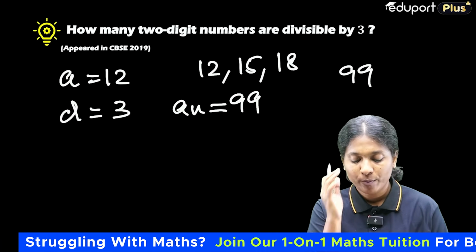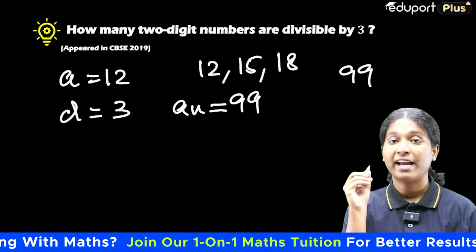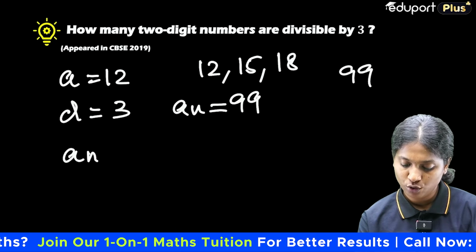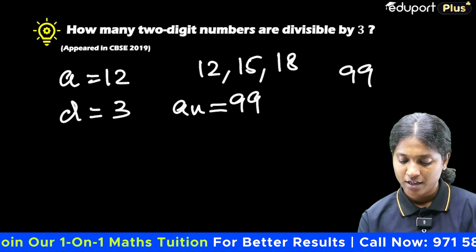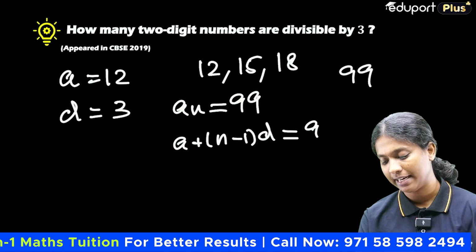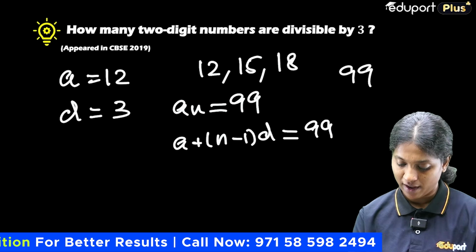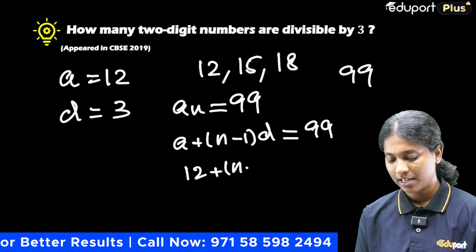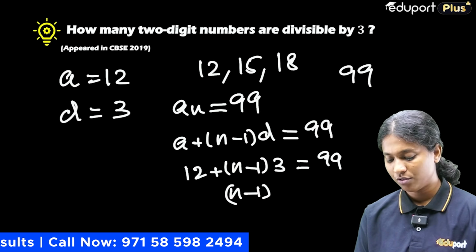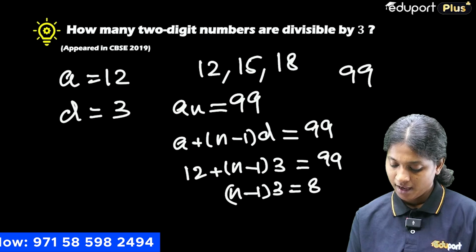Okay. How many 2-digit numbers are divisible by 3 is the question. So, we have to find n. By using the formula, we know an is equal to 99. So, a plus n minus 1 into d equal to 99. Here a is 12. So, 12 plus n minus 1 into 3 equal to 99. So, n minus 1 into 3 equal to 99 minus 12, which is 87.